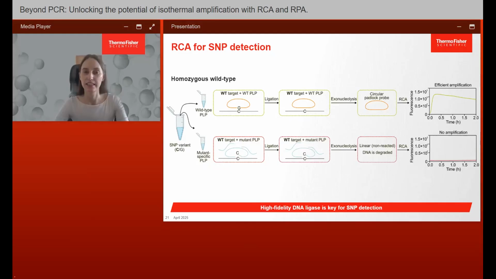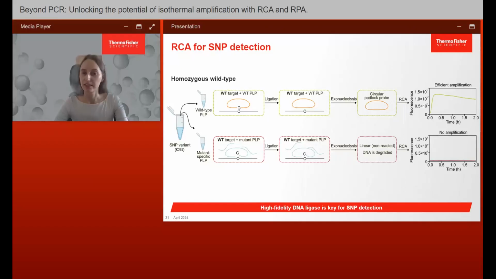Let's say we're analyzing a SNP locus that can contain either C or G, as shown in the figure. Imagine the sample is homozygous wild-type. This means that the wild-type specific padlock probe will be fully complementary and anneal to the target sequence, forming an open circular structure.